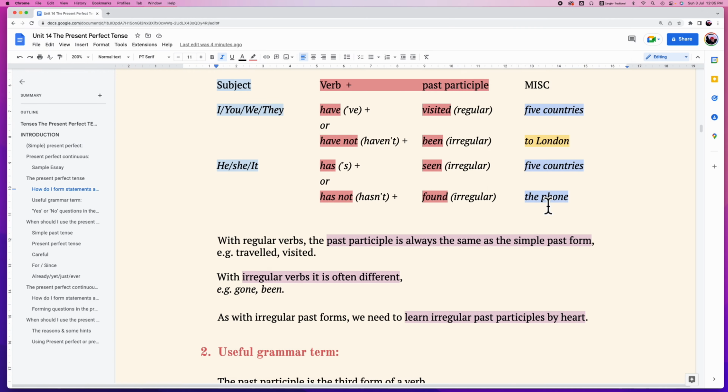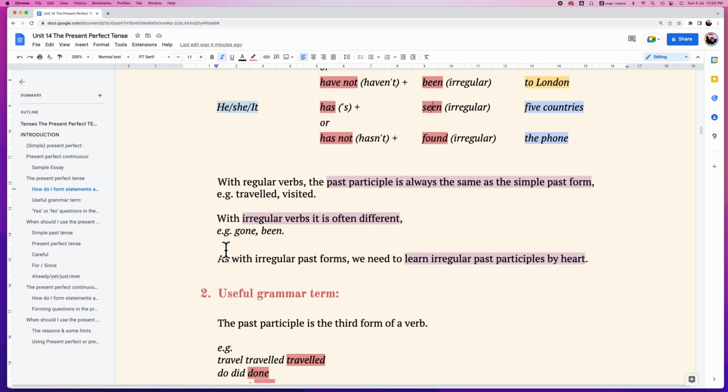So you have already noticed that there are 2 different types of verbs, regular and irregular verbs. So what's the change that we have to make while we are using present perfect tense?